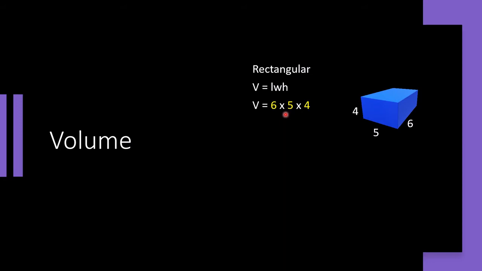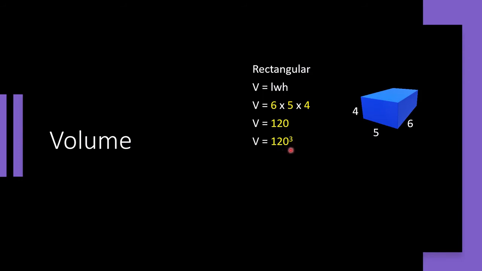So I'm going to multiply 6 times 5 times 4, and that will be equal to 120, my friends. Therefore, I can say that the volume for this rectangular prism is equal to 120 cubed, or cubic, whatever the measure is, whether it's centimeters, inches, or yards.